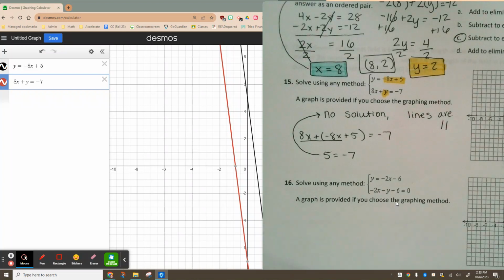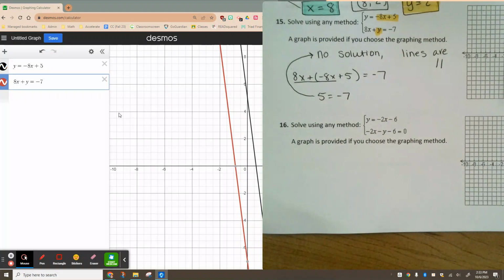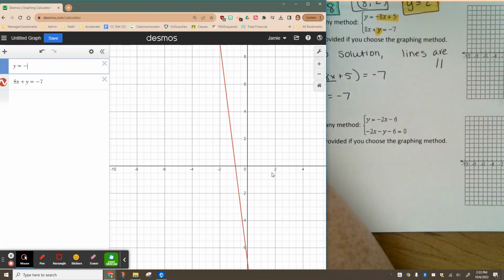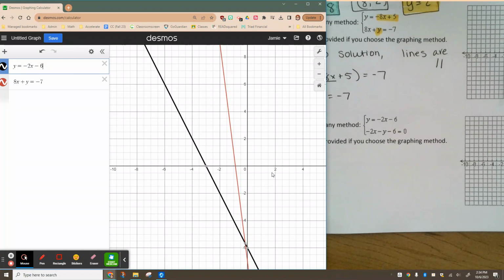All right, so let's look at the second one, or I guess number 16. These are going to be infinite. It's going to make sense when we substitute too. So we're going to do negative 2x minus 6. And our bottom equation is negative 2x minus y minus 6 equals 0.